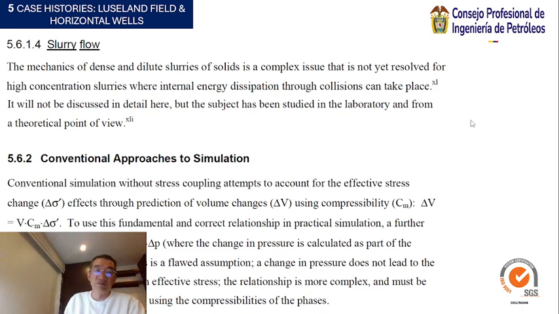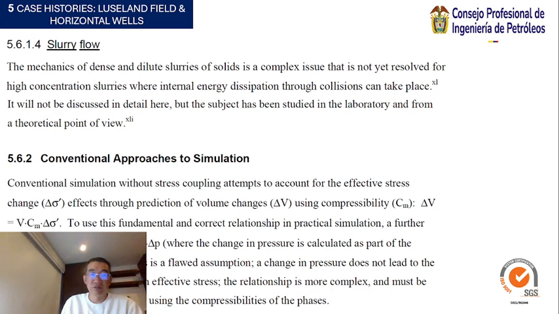5.6.2 Conventional approaches to simulation. Conventional simulation without stress coupling attempts to account for the effective stress change effects through prediction of volume changes using compressibility: delta V equals V times C times delta sigma.